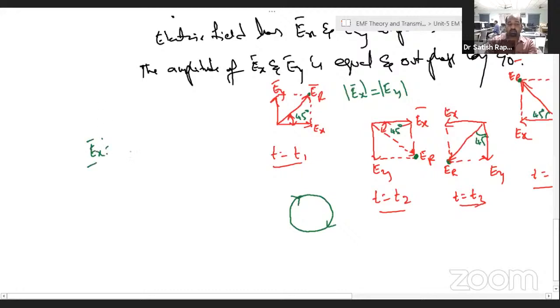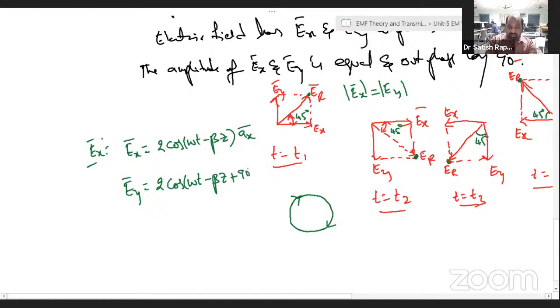Example, let us say Ex is equal to 2 cos(omega t minus beta z) Ax bar, where Ex naught is the amplitude, in the sense the wave is propagating in the z direction, and Ey bar is equal to 2 cos(omega t minus beta z plus 90 degrees) Ay bar.